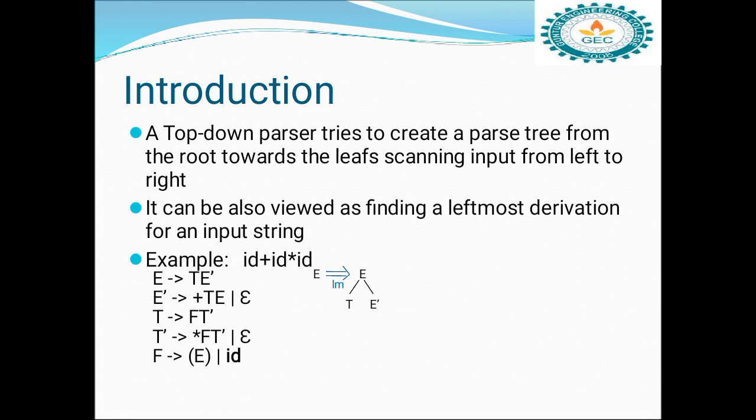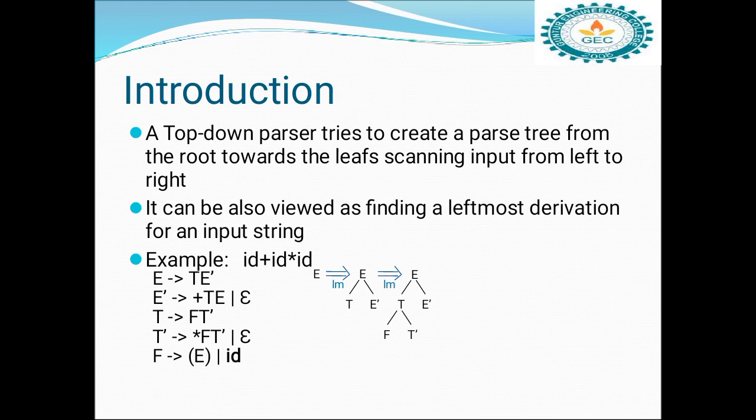The given input string is id plus id star id. The starting symbol is E. Top-down parsing generates the parse tree from the root node to the leaf nodes. So E tends to TE dash.